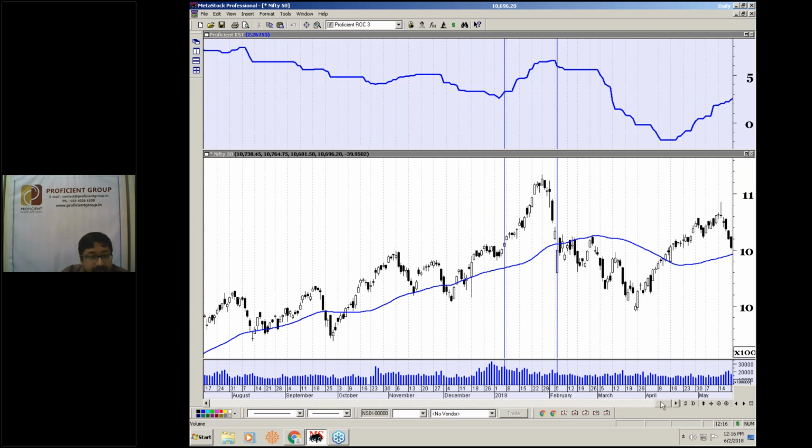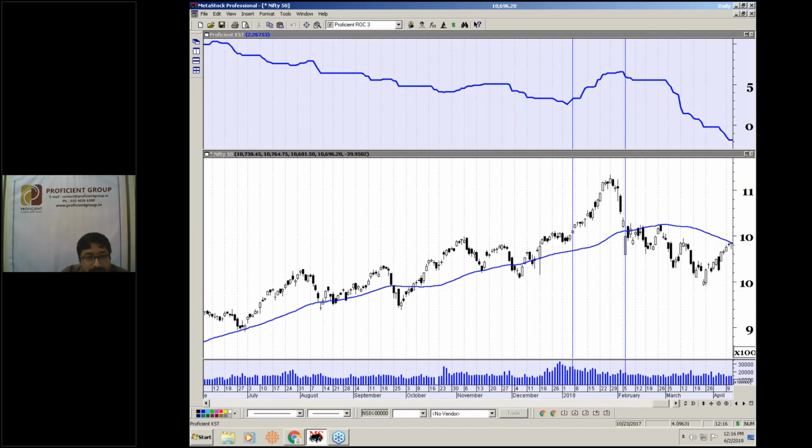Even during an uptrend, prices will be making higher highs, but KST will be making a downward slope. This is the kind of signal that we don't want to see, right? From KST, we have to eliminate this kind of signal.